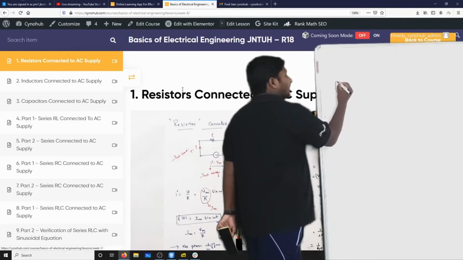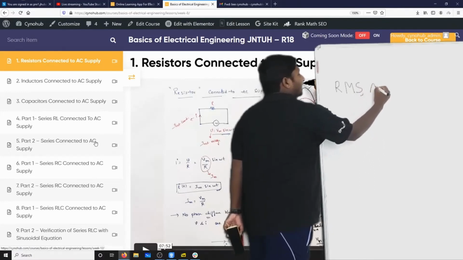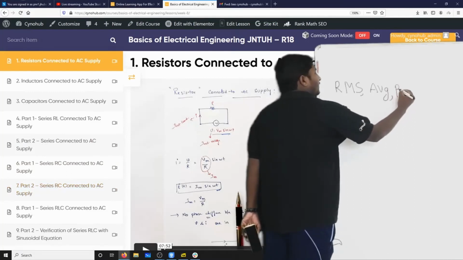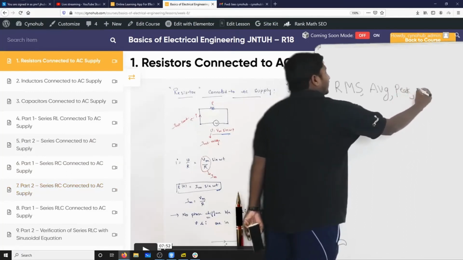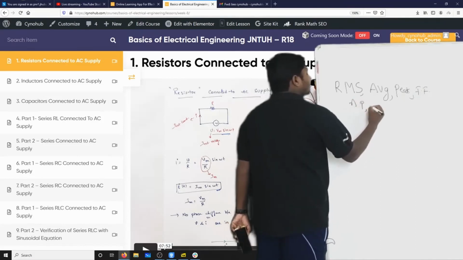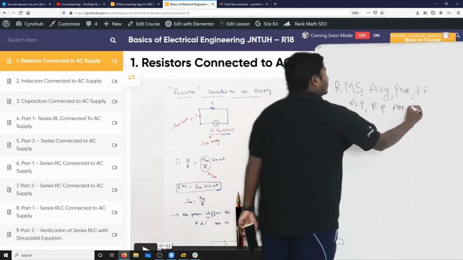Part 1 is calculation of RMS voltage, calculation of average voltage, peak factor, form factor, and active power, reactive power and apparent power.